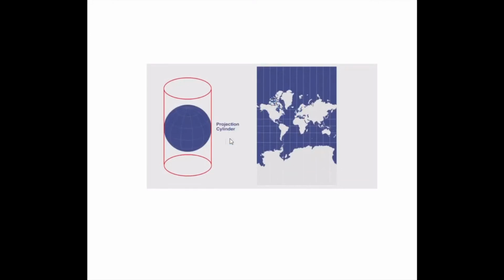This is the cylindrical family, and what they did here is they took a cylinder and they wrapped it around the Earth and projected onto it and then unfolded it. And that is what this Mercator map I keep going back to is. It's a cylindrical one. You'll see this map here looks exactly the same. And again, Greenland looks absolutely huge in this map because of the distortion towards the poles. Same thing with Antarctica.